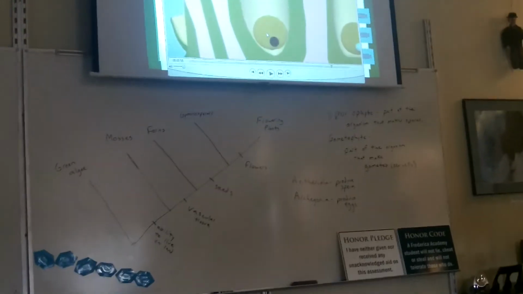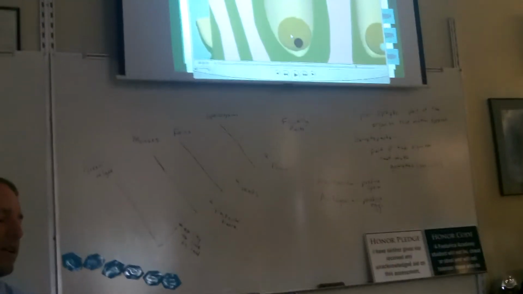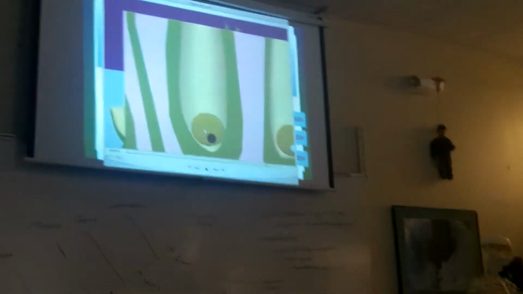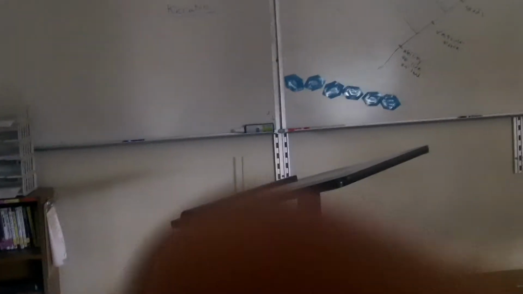Green correct. Purple correct. It's called the zygote. The zygote, which is diploid, makes up the sporophyte and grows into this stalk and capsule.